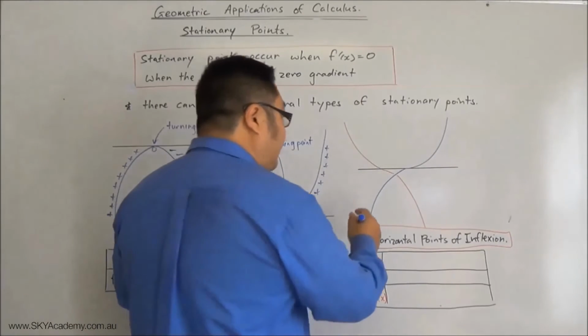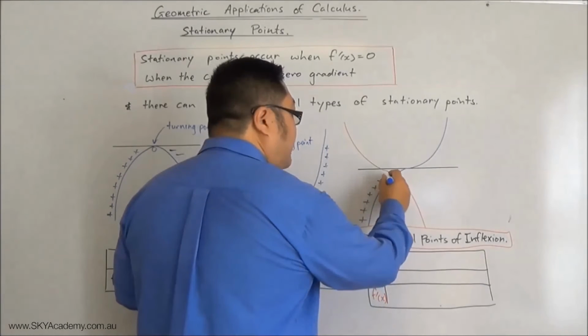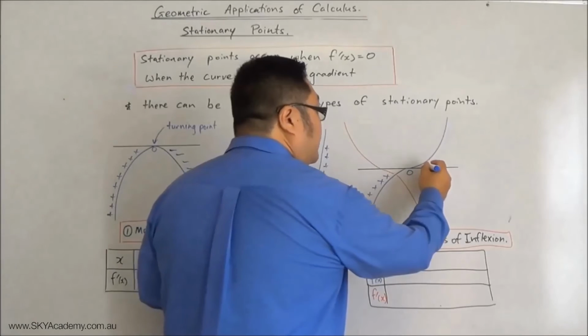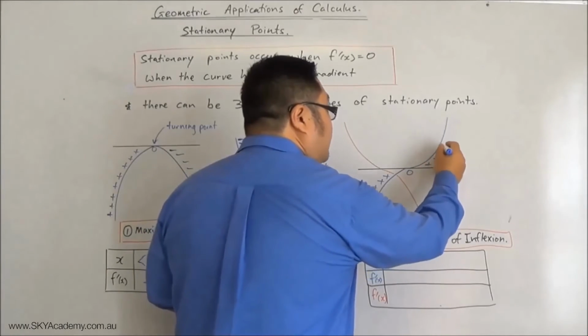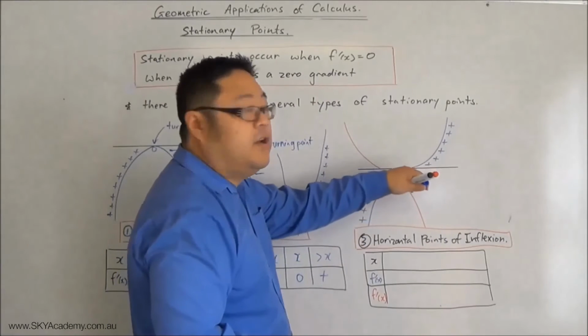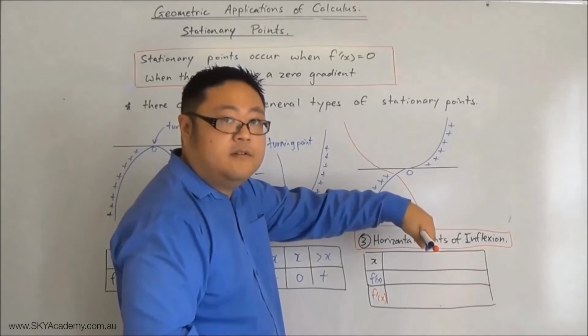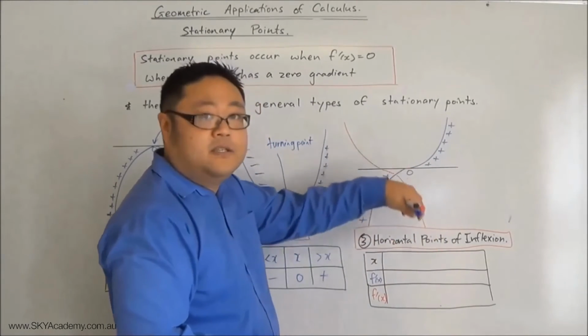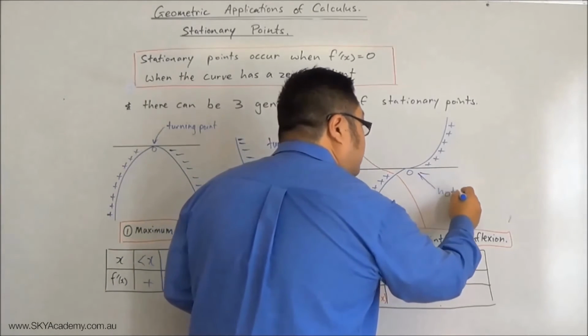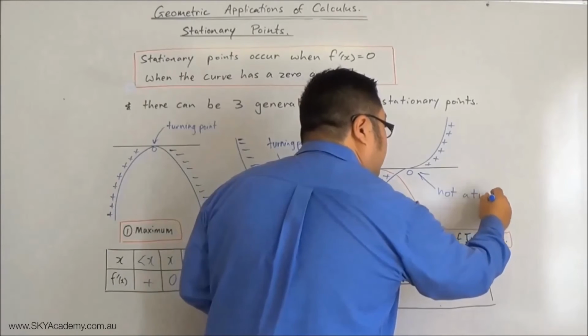You have a positive gradient that flattens out to zero and then continues on its positive way. Do you see that? Does the curve turn in on itself? No, it doesn't, so it is not a turning point.